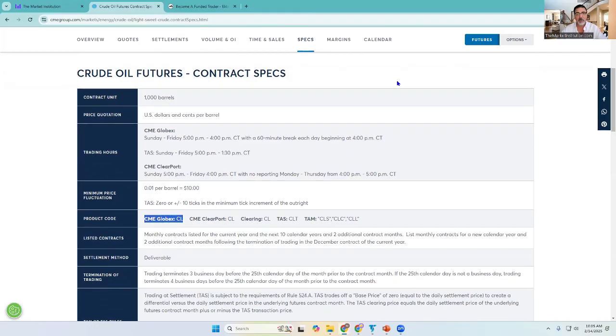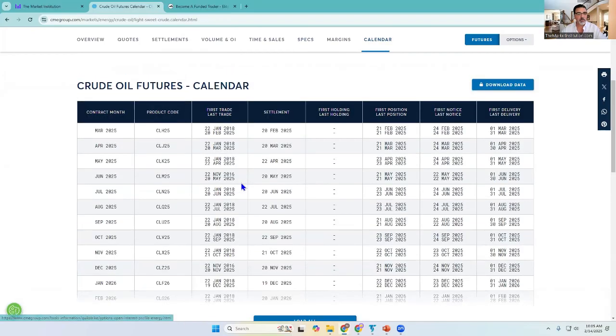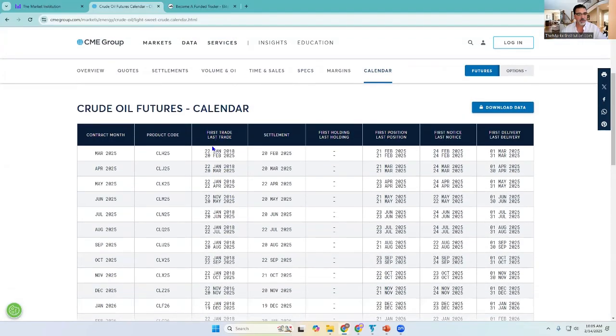Okay. Under the calendar, we can get a good idea of when the first trade date is and when the last trade date is. Now, last trade date very often provides a great trading opportunity for that day. Long running trends, good profit margin on that. Okay. And you watch how price comes in, like on the 19th of February.